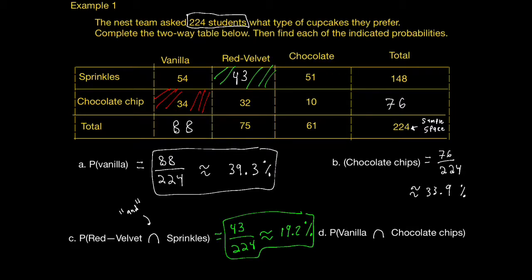So we have a probability now of 34. That's the possible number of ways in which students pick chocolate chip and vanilla. And now we have to divide that by the sample space of 224. That's my ratio. Let's get the approximation. And here I get an approximation of 15.2%.